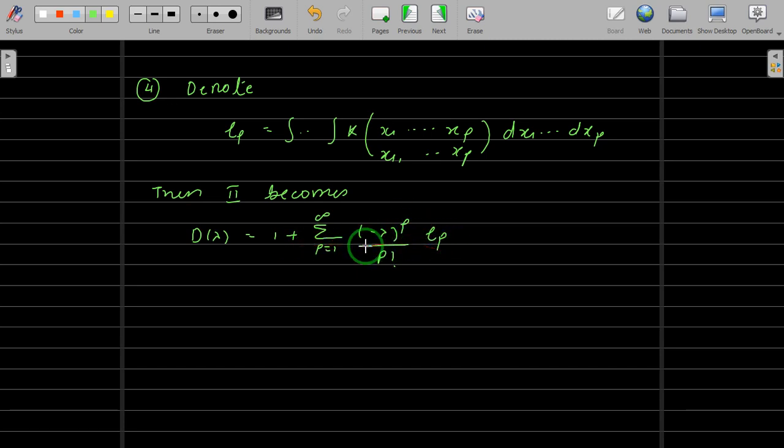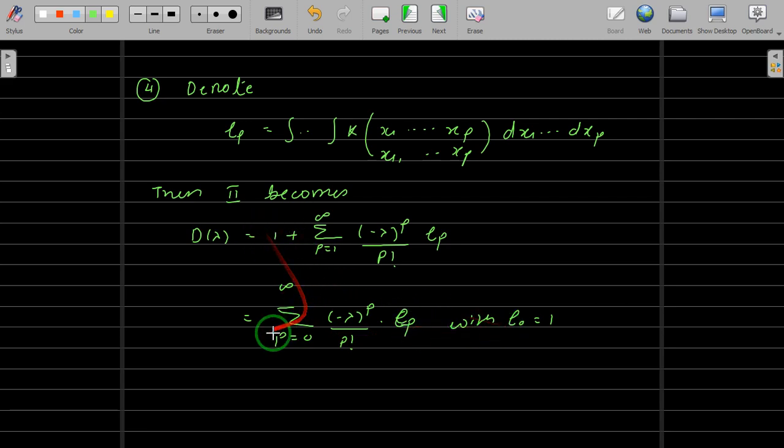So if you denote c0 by 1, we can start this series from p equals 0 to infinity, where small c0 equals 1.